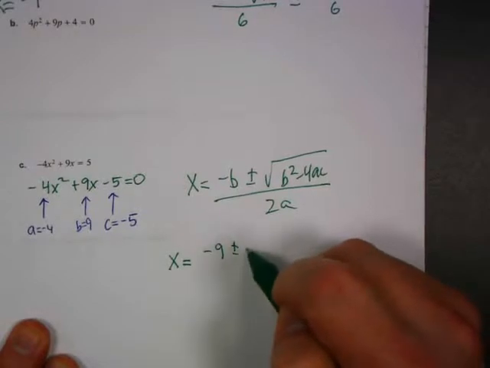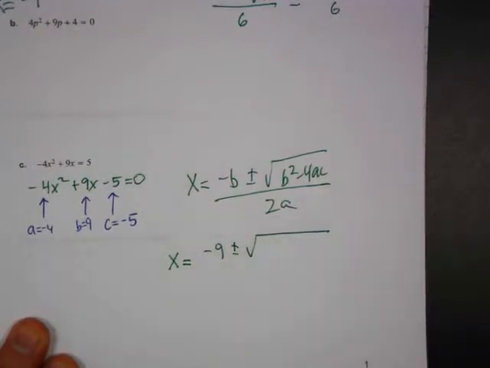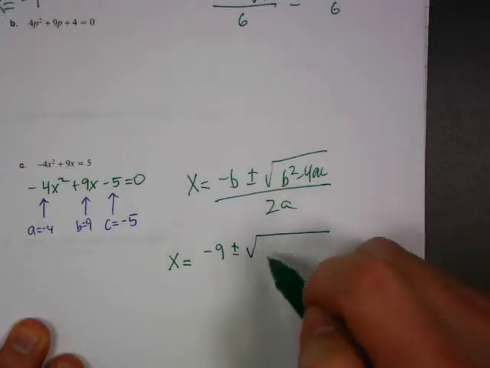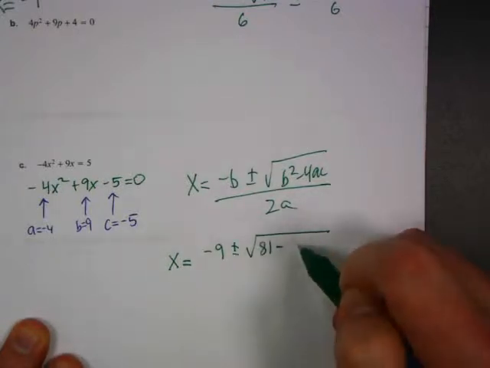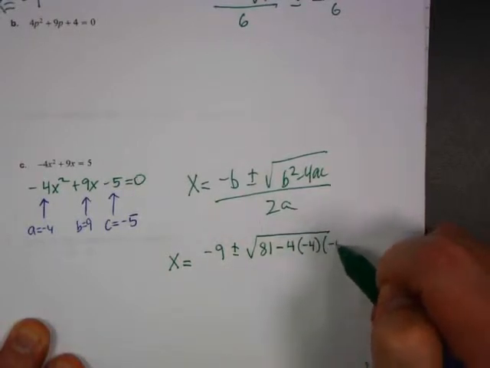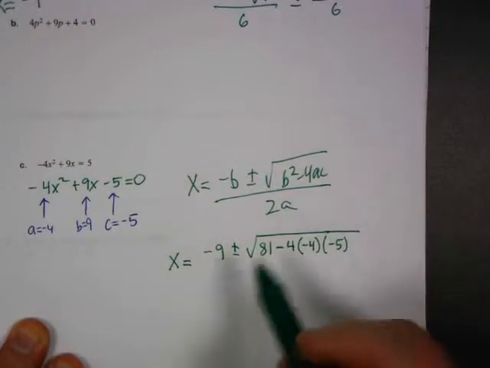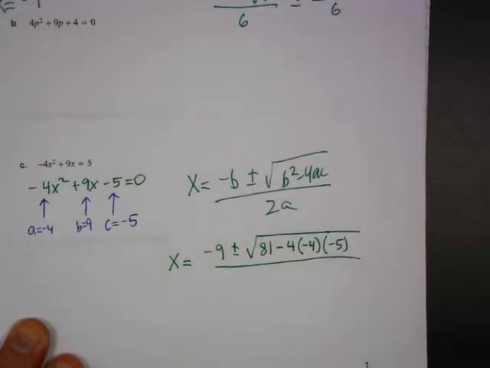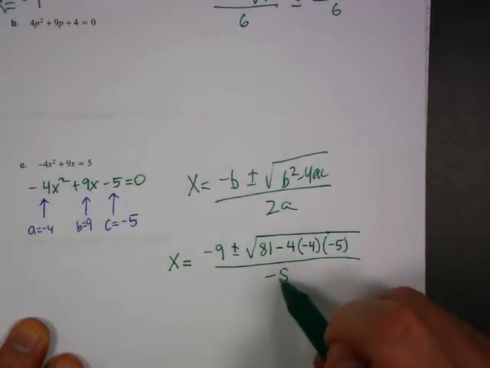Plus or minus square root of 9 squared is 81 minus 4 times the a number, which is -4, the c number, which is -5, all divided by 2 times -4, which is -8.